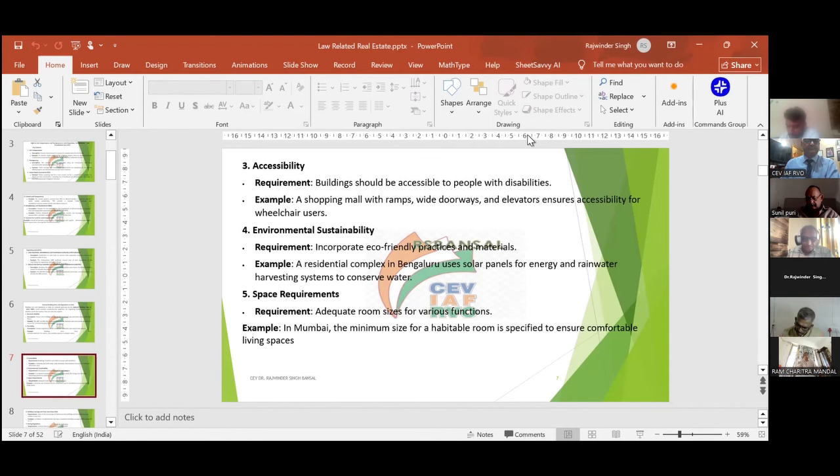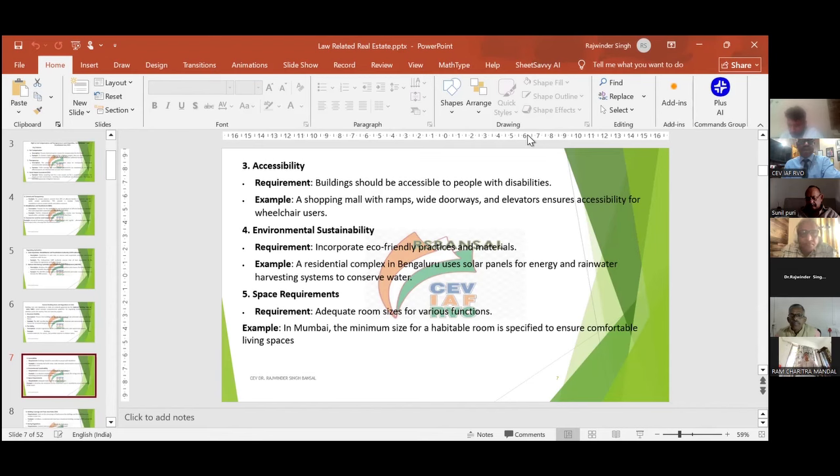Next is environmental sustainability. Sustainability is an important factor in today's scenario, especially all the architects are more concerned with this topic. Of course, it is equally important for all of us.